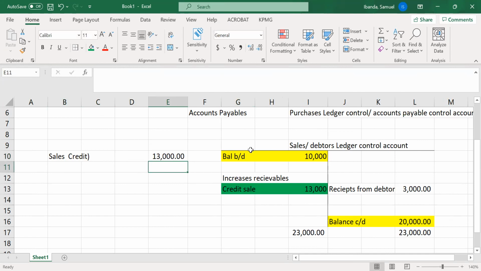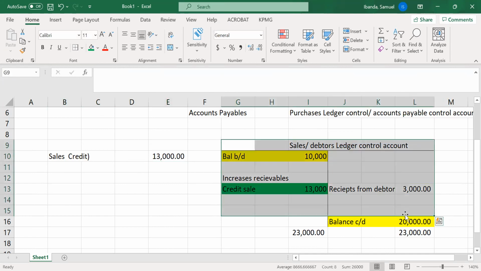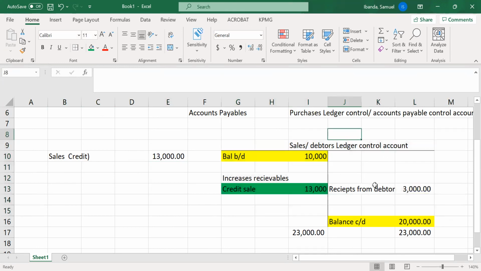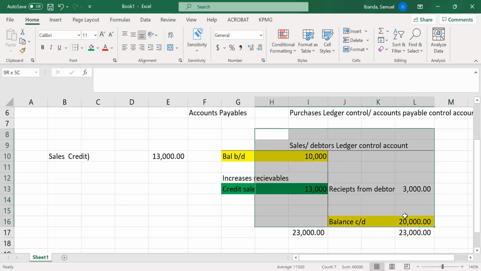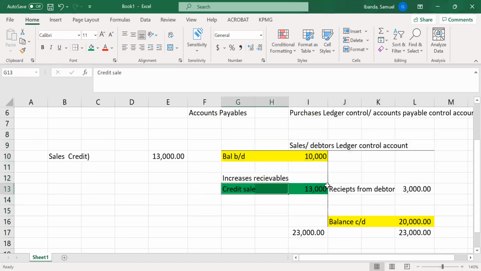And that is the same thing that also happened with the purchases ledger contra account. Mostly what you transfer will be the credit purchases, okay? But like I said, depending on the question, the examiner can give you either this information or this information, and then you find what exactly you're looking for.